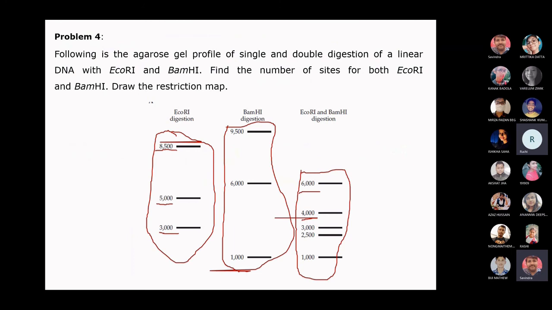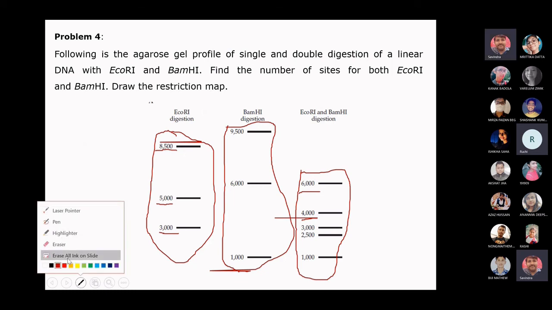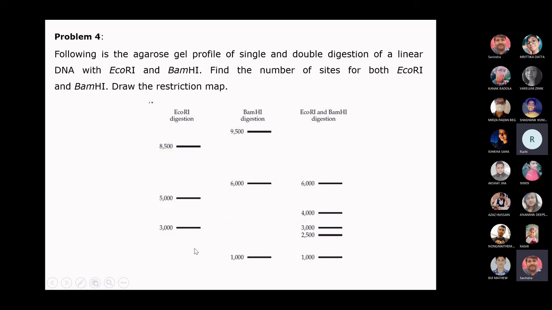So if two fragments of 4.8 kb are generated and they move with the help of an electric field, how is it possible that the two 4.8 kb fragments will be distinguished?